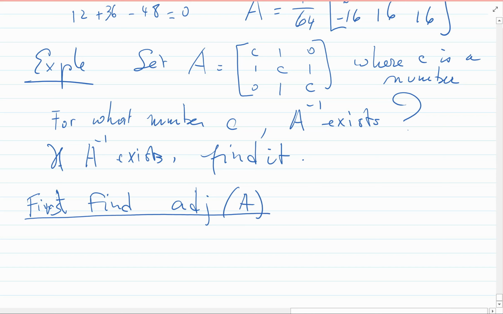So let us do that first. What is it? We need to find all the cofactors. C11 is plus, because it's minus 1 to the power 2, and we remove the first row and first column, leaving the determinant of (C, 1; 1, C), and that will be C squared minus 1.